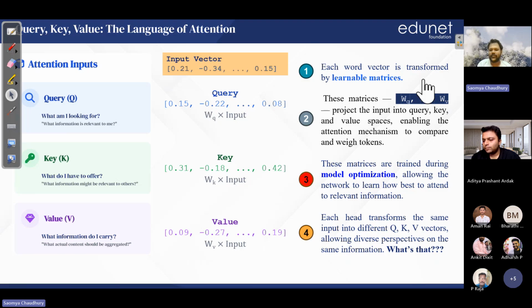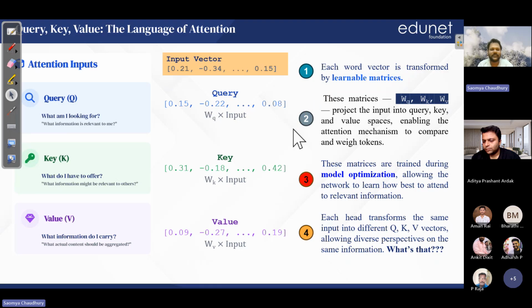Let's look into it in a more intuitive sense, so that you can get an understanding of it. In the context, you can see here, each word vector is transformed by learnable matrices. You can see the word learnable matrices. Many of you can call these learnable matrices individual hyperparameters.